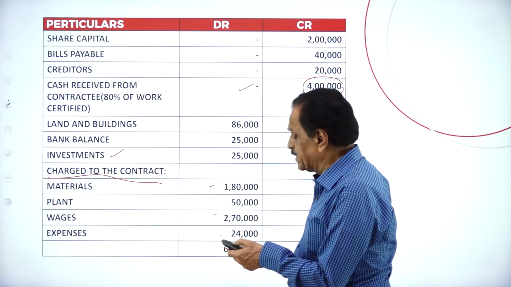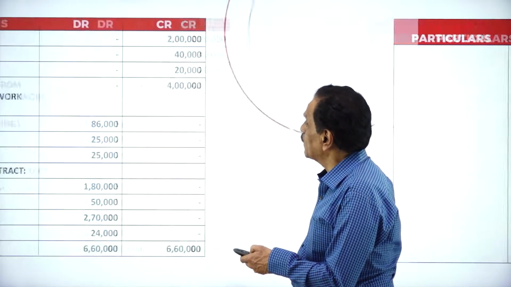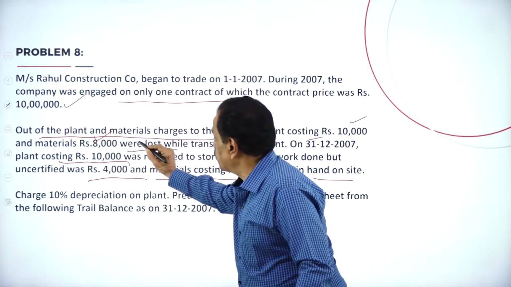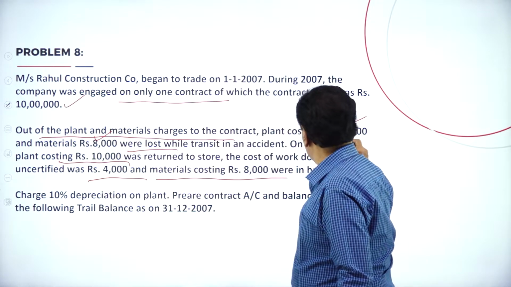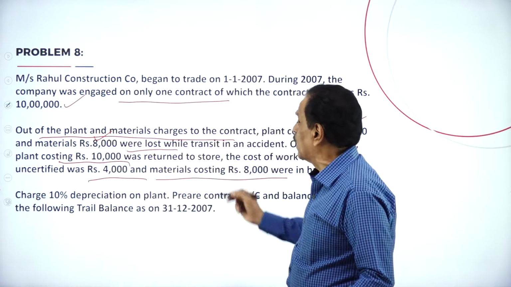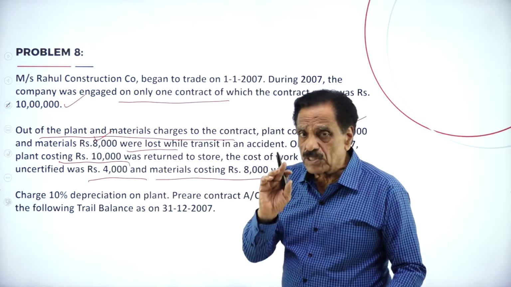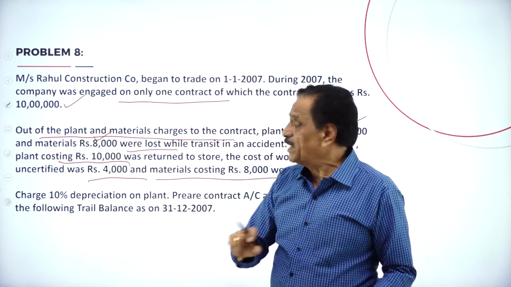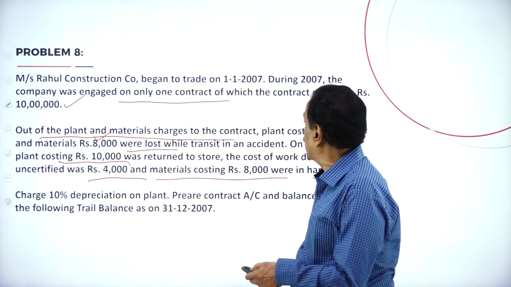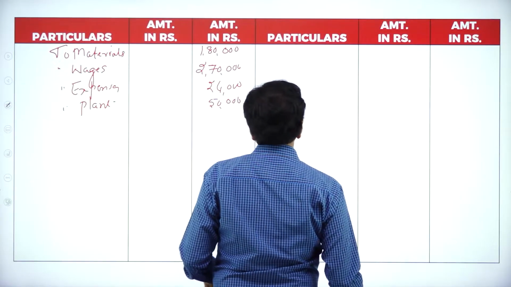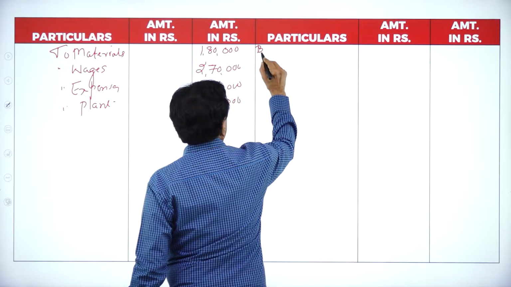This is your expense. Then come back here. At the end, are there any figures? See what you first know. Of the plant and material charged to the contract, plant costing 10,000 and material costing 8,000 were lost in transit. So there is a loss to the extent of 18,000, 10,000 in respect of plant and 8,000 in respect of material, to be charged to profit and loss account.